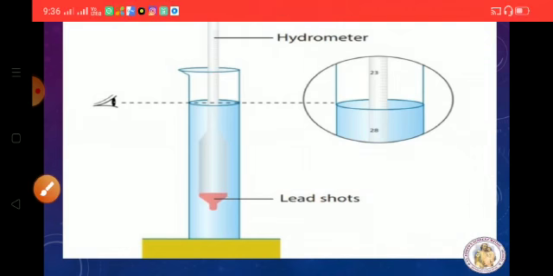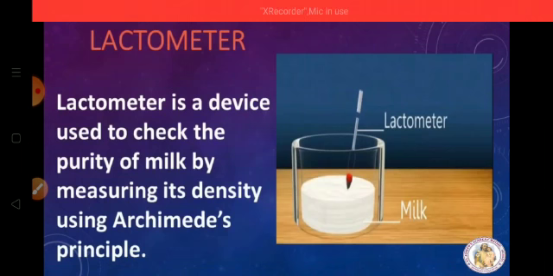The liquid to be tested is poured into the glass jar. The hydrometer is gently lowered into the liquid until it floats freely. The reading against the level of liquid touching the tube gives the relative density of the liquid. Hydrometers may be calibrated for different uses, such as lactometers for measuring the density of milk.